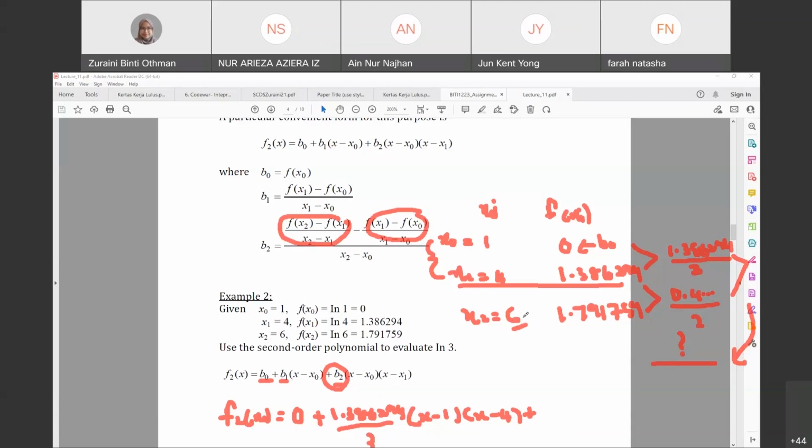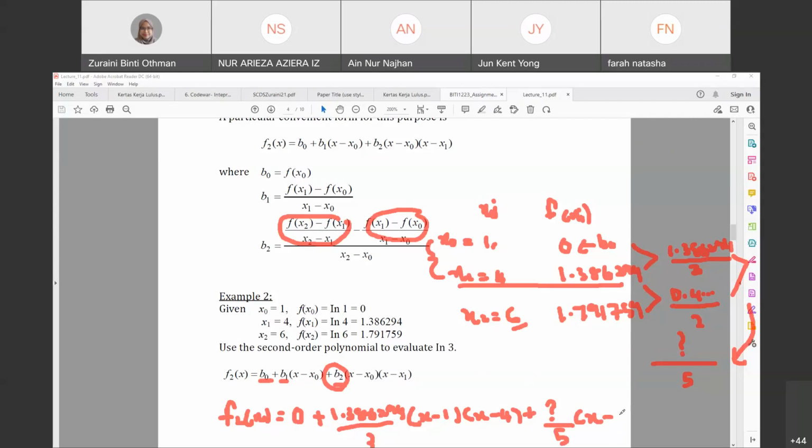X2 kamu apa? 6 tolak 1, which is 5. Jadi kat sini B2 kamu akan dapat nanti kalau kamu kira kalkulator, nilai tolak benda ni, bahagi dengan 5, dalam kurungan x tolak 1, x tolak 4.